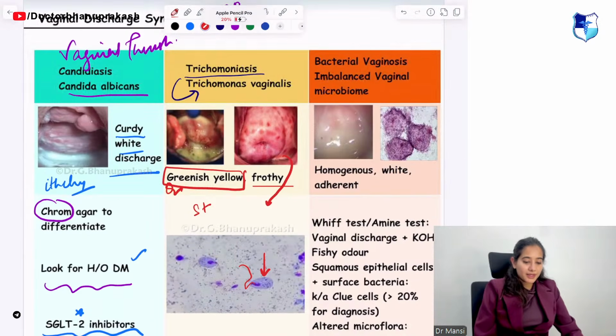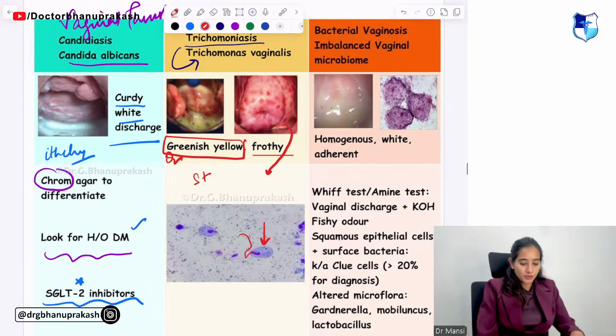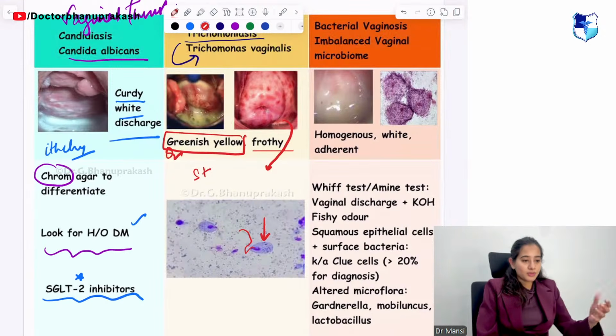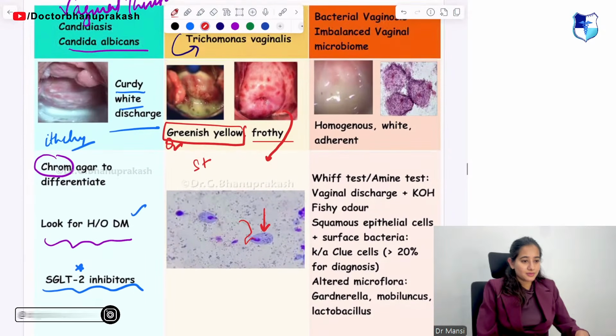And in bacterial vaginosis, what is happening is there is an imbalanced vaginal microbiome. So what is the normal vaginal microflora? What is normally present? What should it be? Yes, Anirudh, Prem Kishore, Arjun.